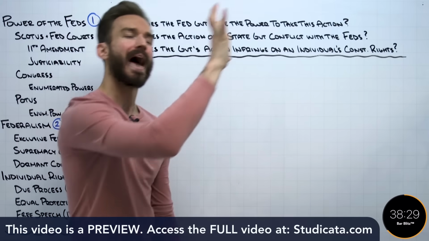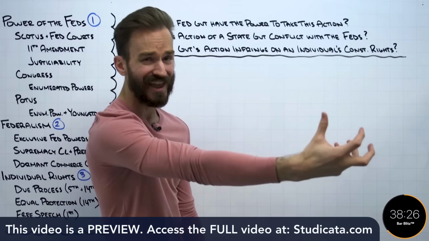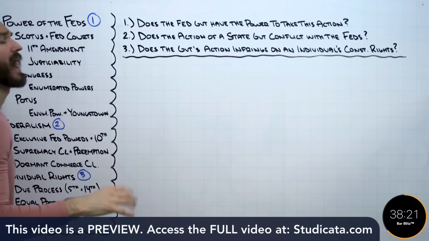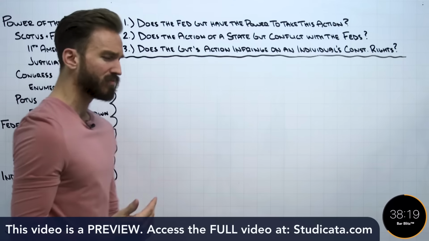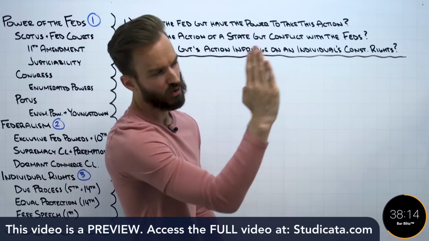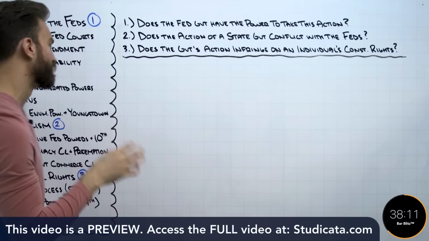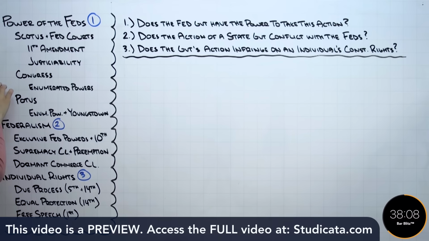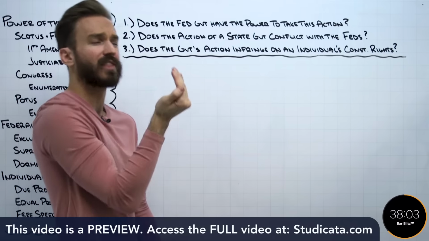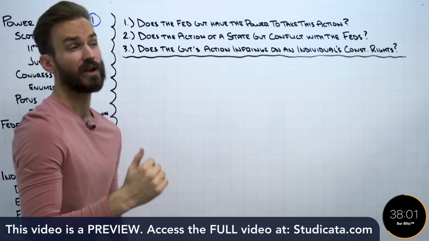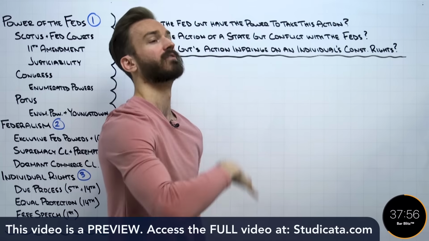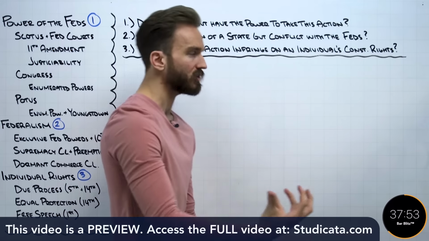You're commanding the state to enact a specific regulatory scheme, which they're not allowed to do under the taxing and spending power. They can use it to incentivize, to encourage, but not to command. So you want to look for that balance. That's the area of taxing and spending power I would say is more tested. When we're thinking about enumerated powers of the feds, look out for that commandeering limitation, when a tax or spending incentive really rises to the level of commandeering, not encouraging.